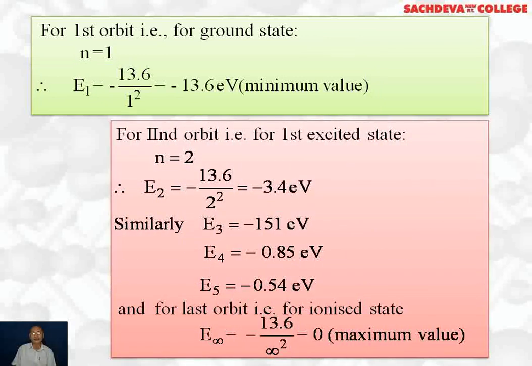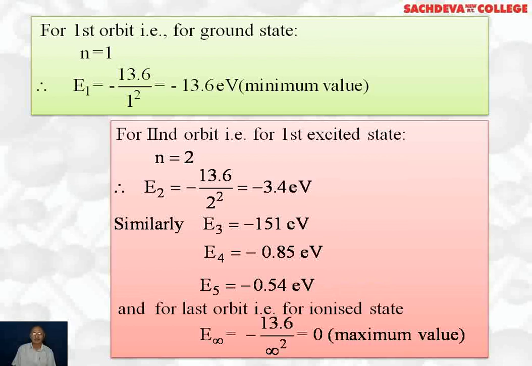For the second orbit, that is the first excited state, n is equal to 2, so E2 comes out to be minus 13.6 divided by 2 square, that is 4, and will be equal to minus 3.4 electron volt. E3 will be minus 1.51 electron volt, E4 will be minus 0.85 electron volt, and E5 will be minus 0.54 electron volt. You can see that as we go higher, the difference between energy levels goes on decreasing.